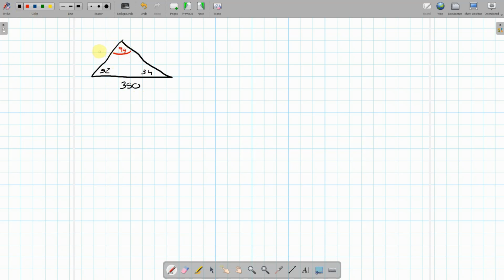Now we can either find this side or that side, and no preference at all, I'm just going to find this side here.